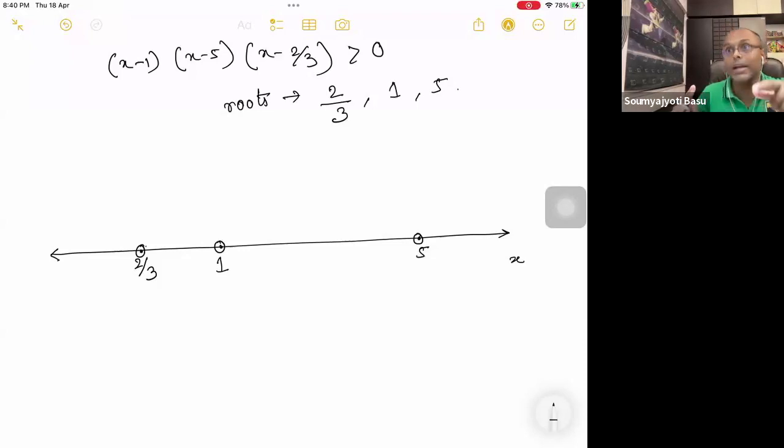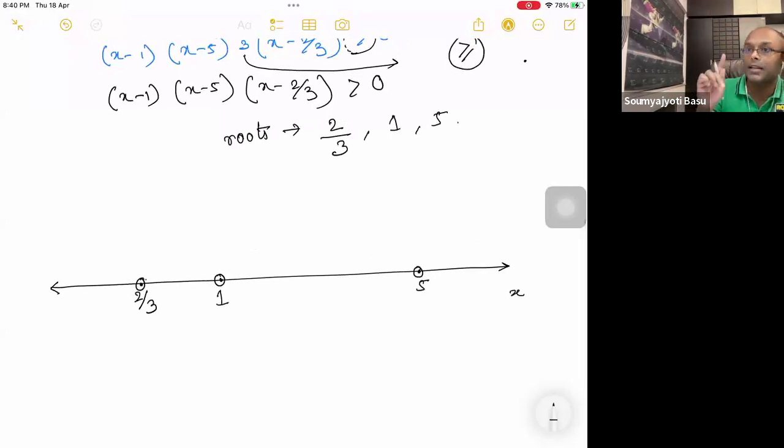It fluctuates if there is one root at that particular point. Here in this problem, that is absolutely true. There is only one root 1. There is only one root 5. There is only one root 2 by 3. Had there been two roots at once, there wouldn't have been that fluctuation.